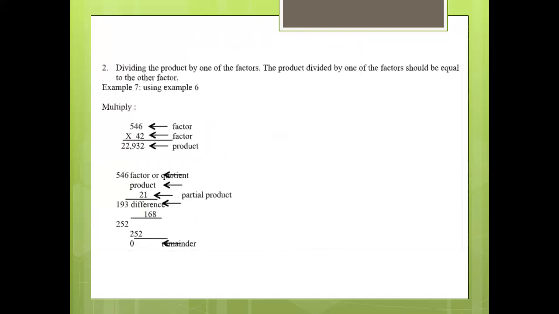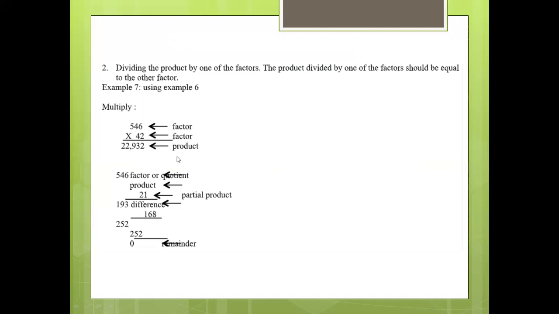So for dividing the product by one of the factors, we have here an example. We will be using example 6 that we had earlier, which is 546 and 42. Remember, when we've been using the first method, interchanging multiplicand to multiplier, we just switch these two numbers and we still get the same product.